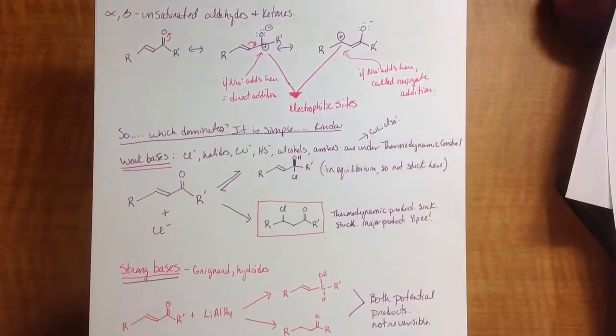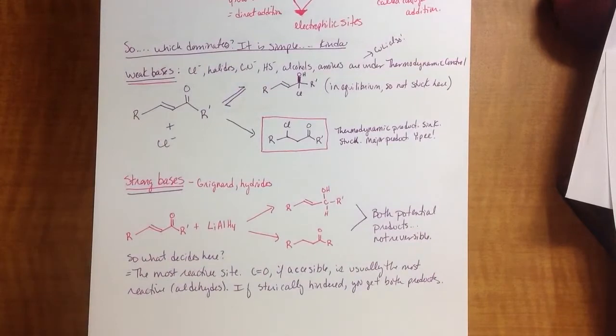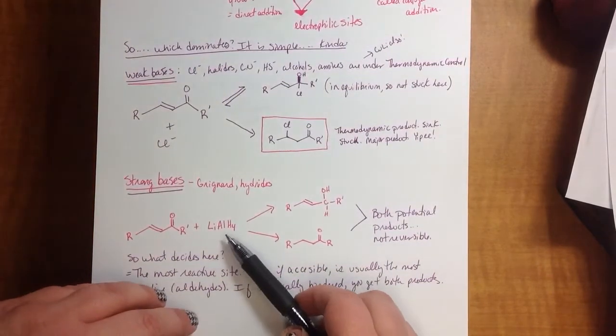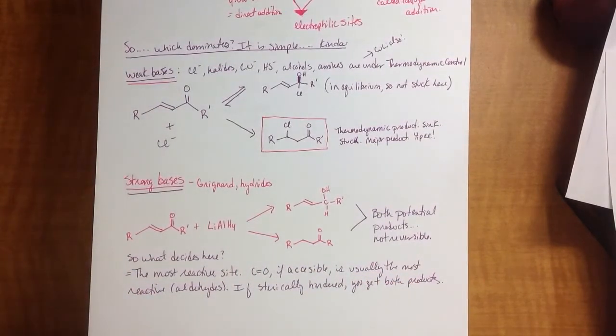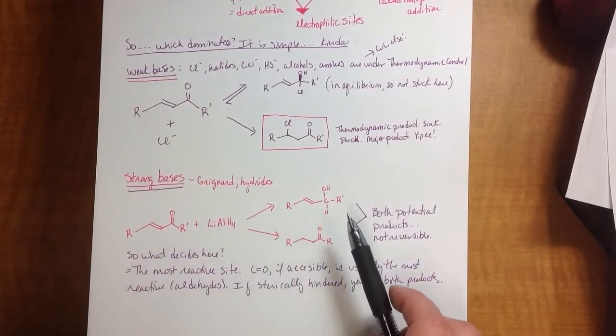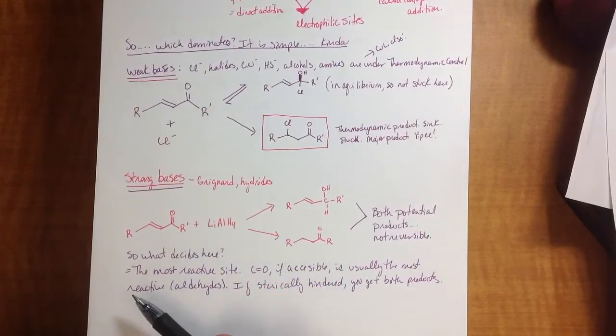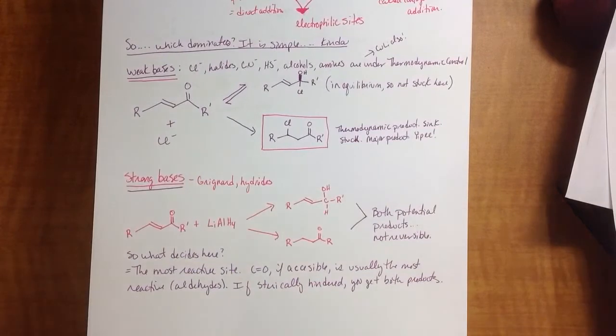Now, strong bases are a bit different. Strong bases such as Grignards and hydrides, in this case, you can actually get both of them and there is no equilibrium. However, most of the time, this is really only going to give you a majority of one product, because the most reactive site is the C=O bond right here, because it has the strongest polarity.